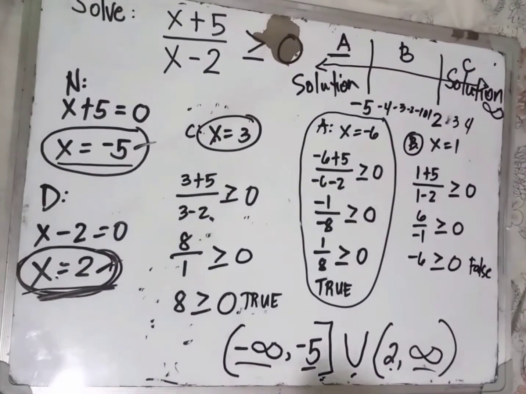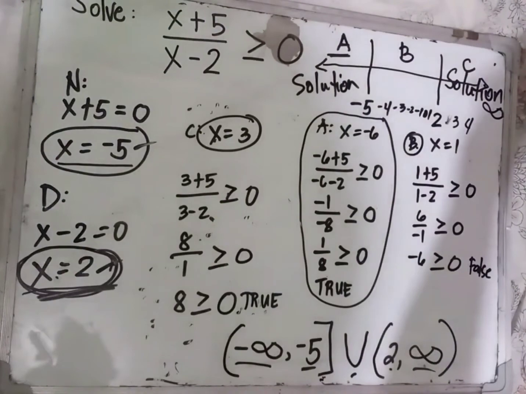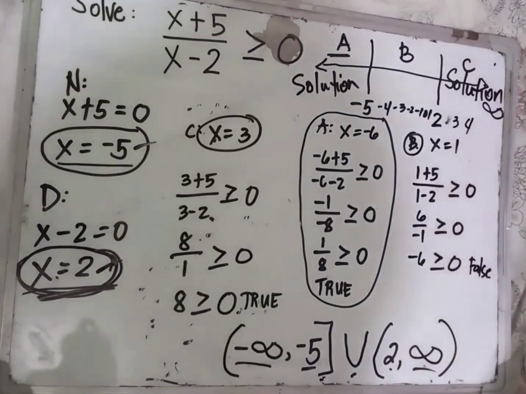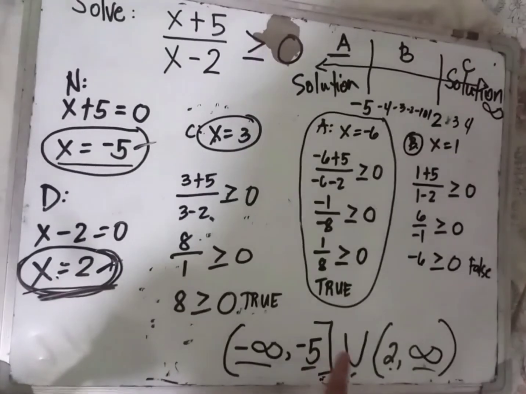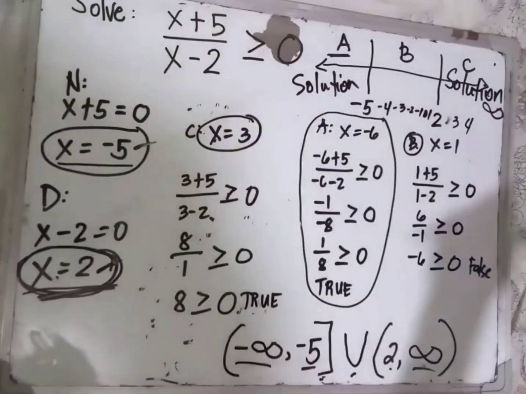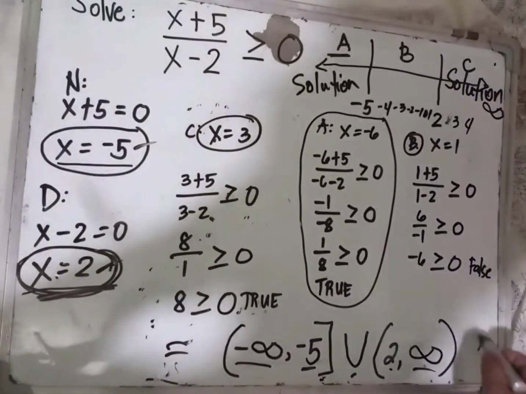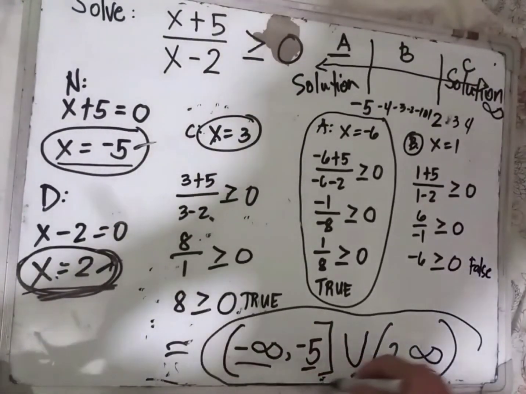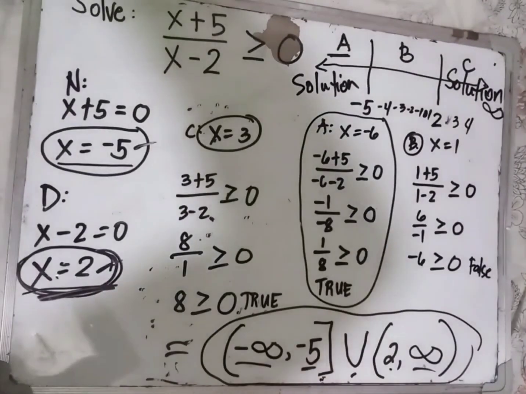Ang lagyan lang natin ng bracket is ang meaningful numbers na part of the solution, kagaya ng negative 5 kasi part siya ng solution. It makes the inequality true. Okay, so ito na yung final answer in interval notation. Thank you.